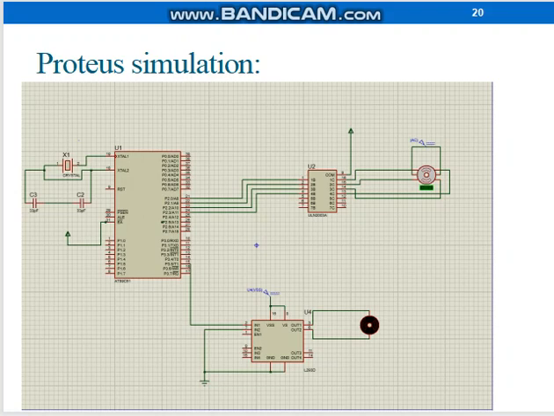In this procedure, one DC motor is moving fast, while the other stepper motor is moving in slow directions.